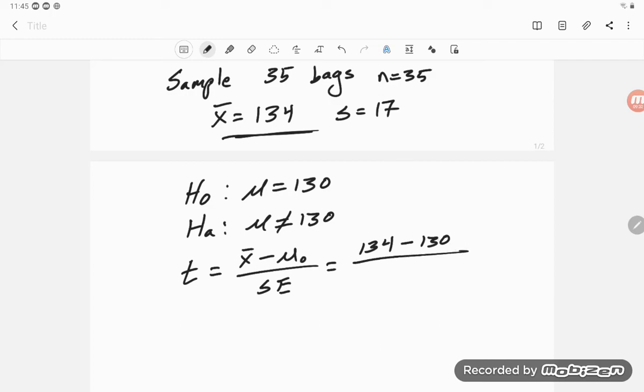Well, that was a standard deviation of 17, but then we have to divide that by the square root of 35. What a horrible thing. Okay, but they tell us somewhere what happens. You get 1.39.